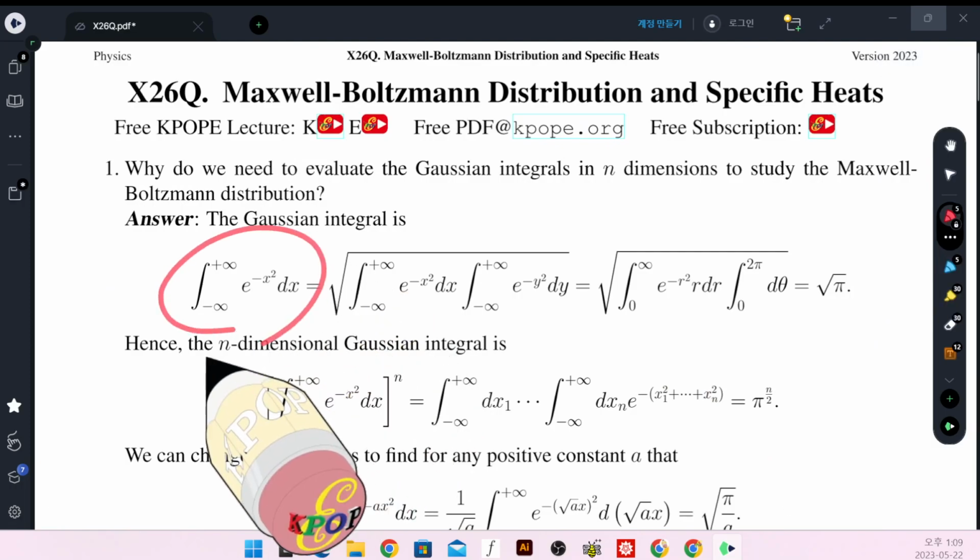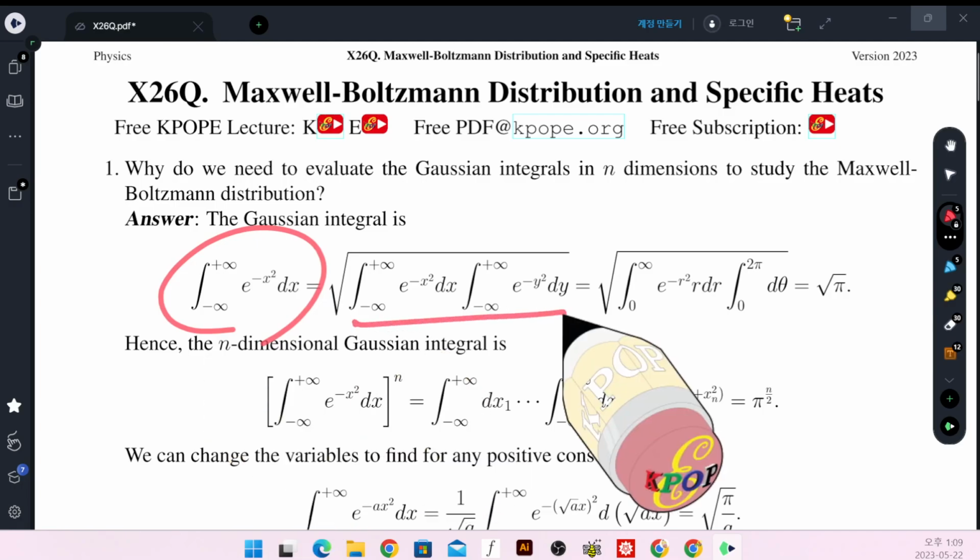Evaluation of the Gaussian integral directly in one dimension is not trivial. Instead, because this is a number, we square this integral and then take the square root. In that case, the integral becomes the double integral evaluated on the two-dimensional Euclidean space.